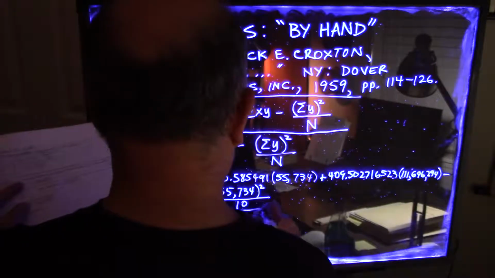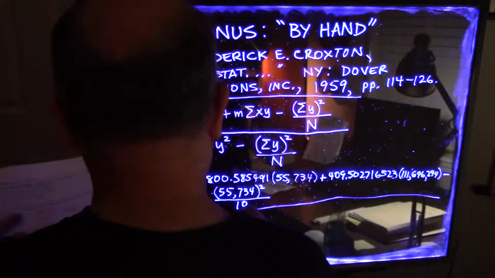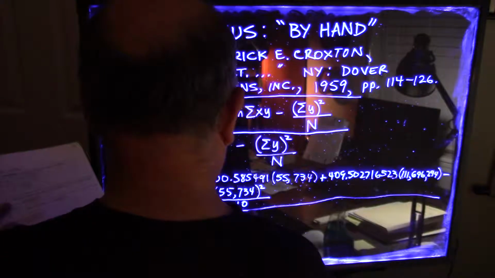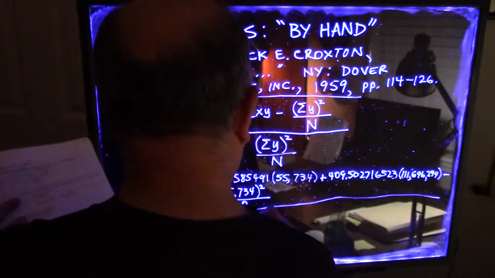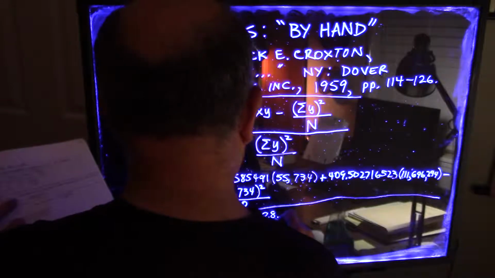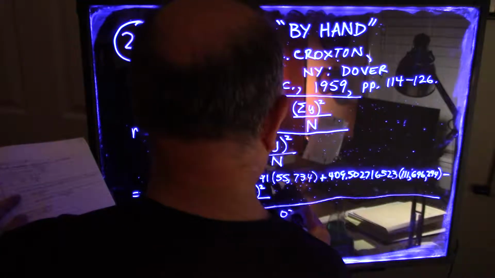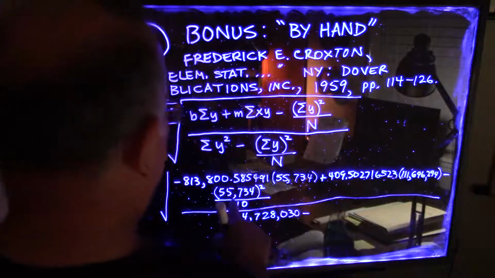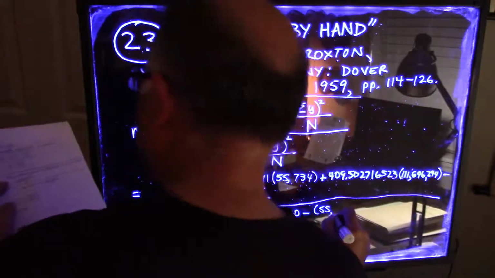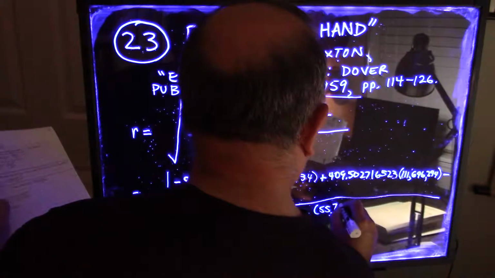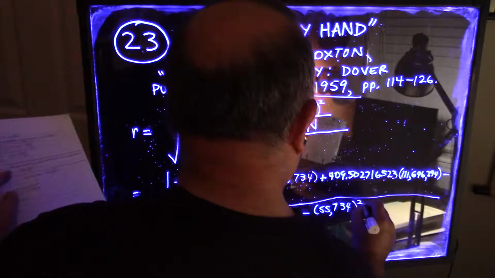And that's over 364,728,30, minus this again, 55,734, and then you square that, divided by 10.